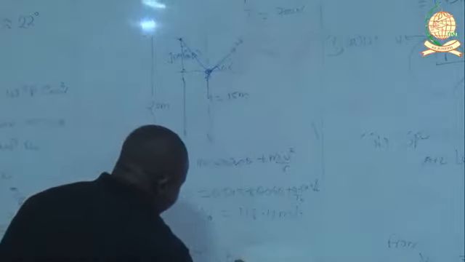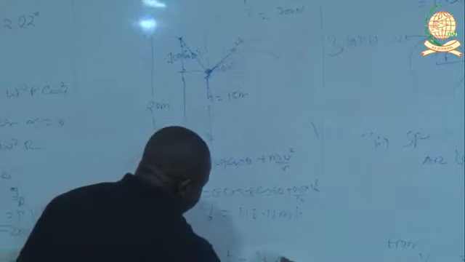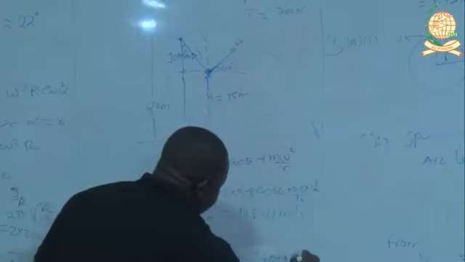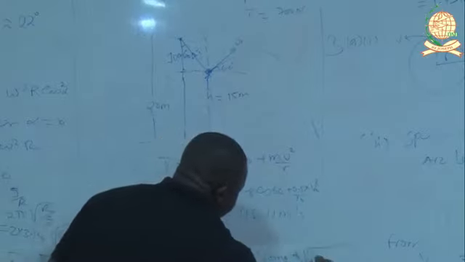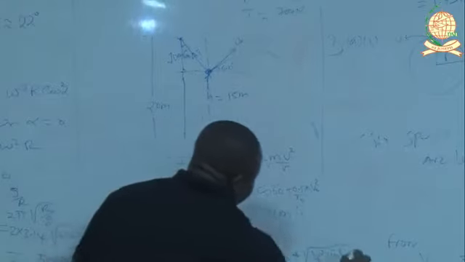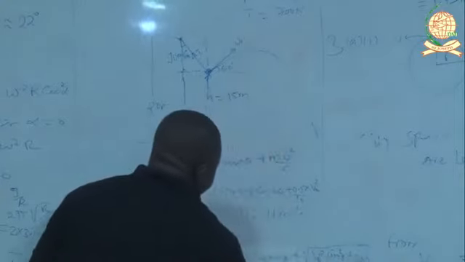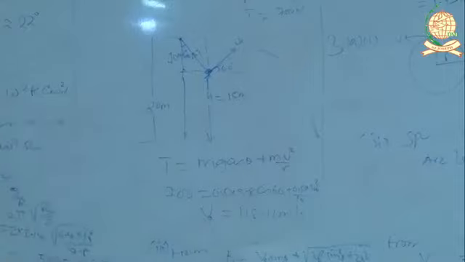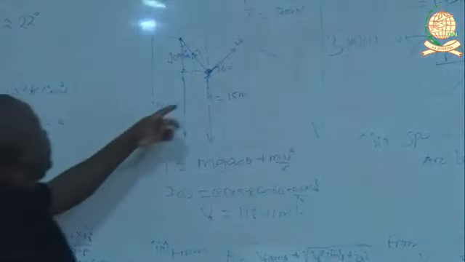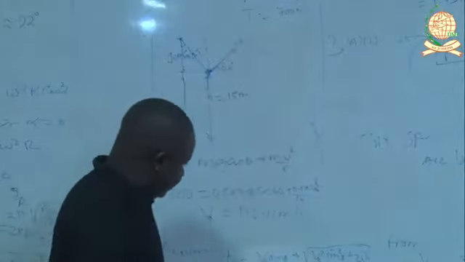From time of flight, T equals V naught sine of theta plus under root V naught square sine square of theta plus 2GH, divided by G. We can find the time taken by this stone from this point to the ground.